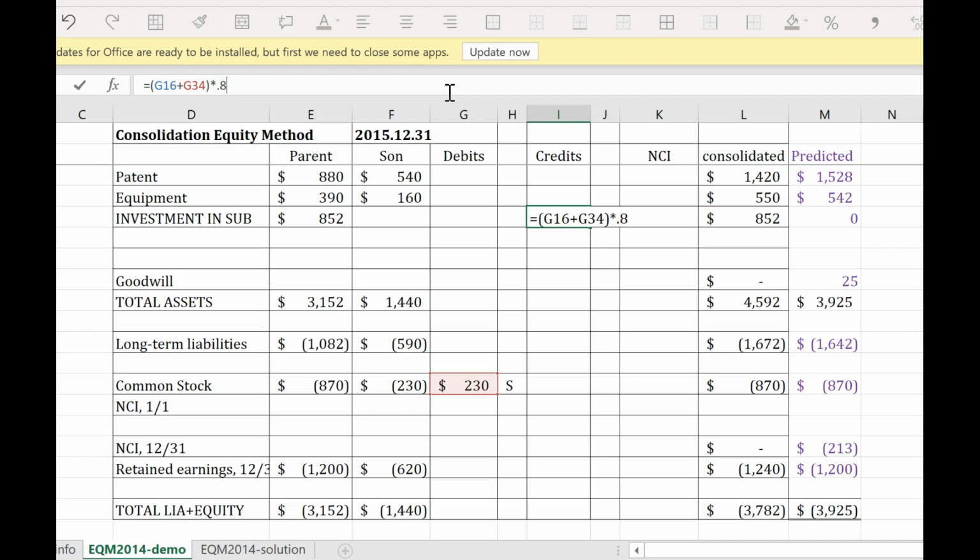In Chapter 3, you don't multiply by anything. You're just crediting the whole thing to the investment account. Now you're crediting 80% to your investment account. Where is the remaining 20%?